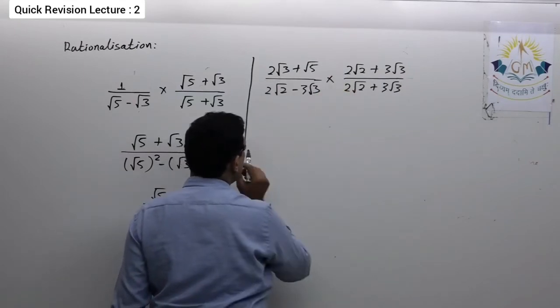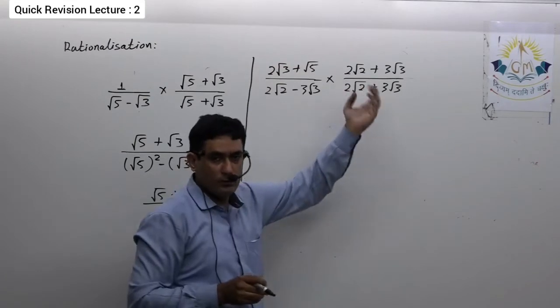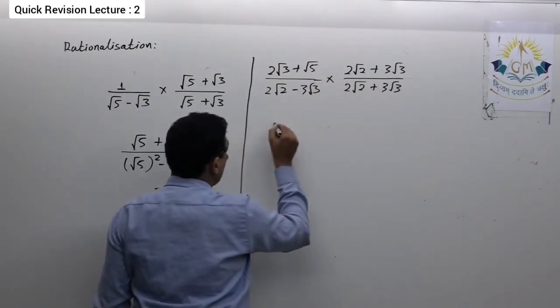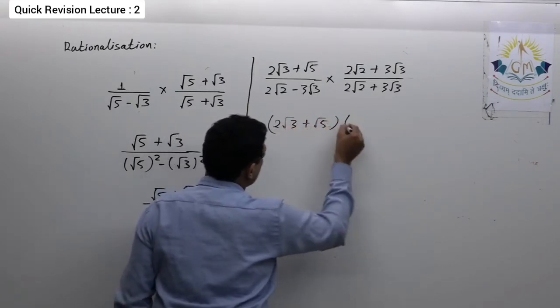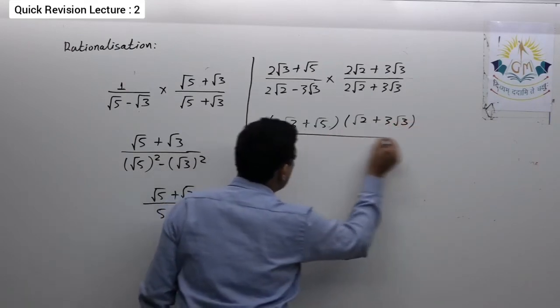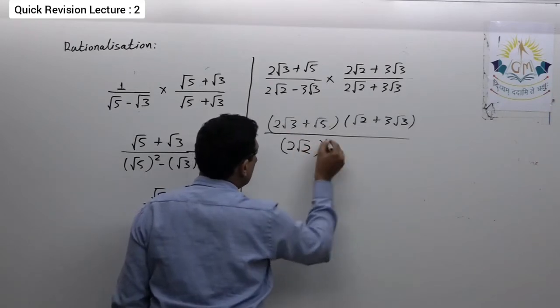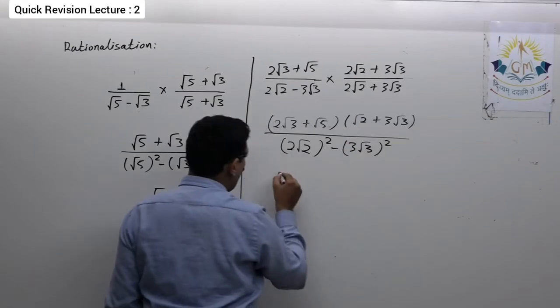Now generally they ask what the denominator will be, or to simplify. So here I'm just giving you what the denominator will be. I'm least bothered about the numerator, so I'm writing it as it is. And the denominator, what will it be? 2 root 2 whole square minus 3 root 3 whole square.